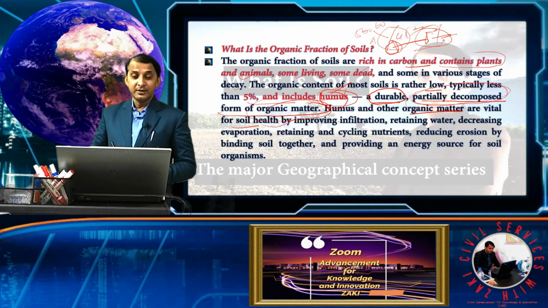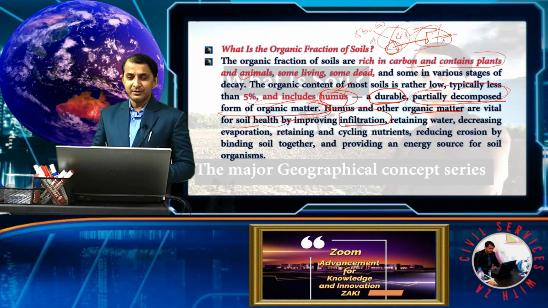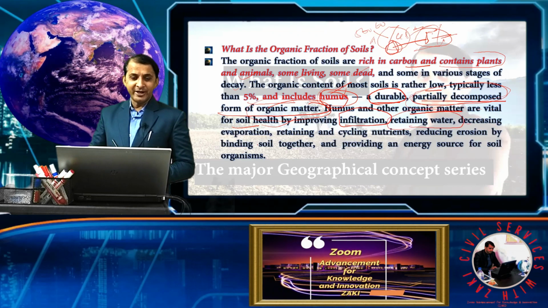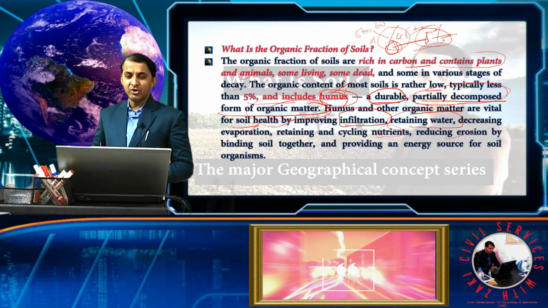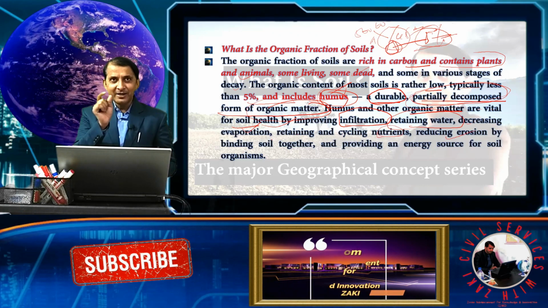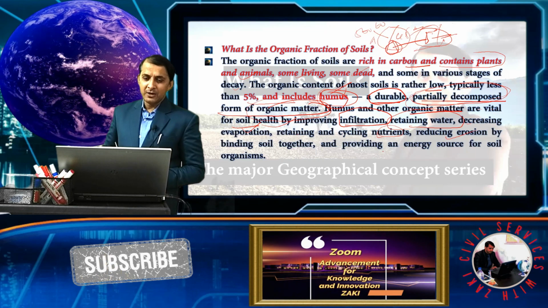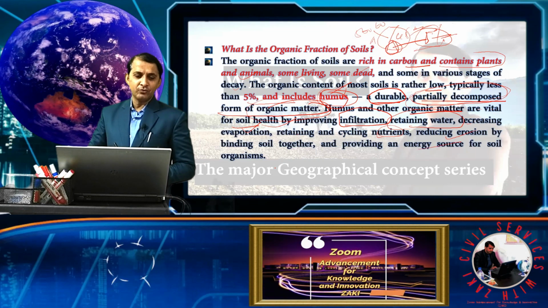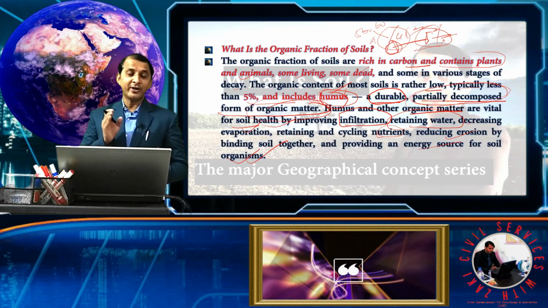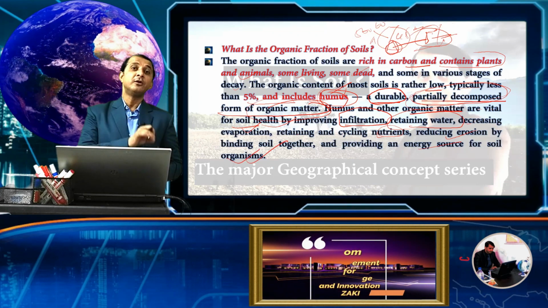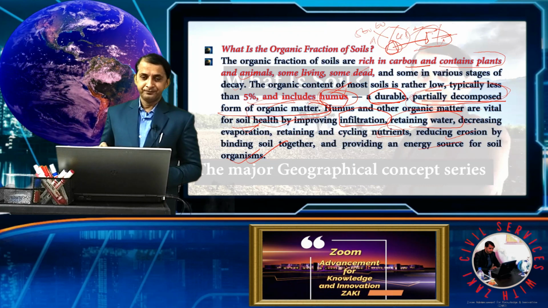Why? Because they improve infiltration, retain water, decrease evaporation, retain and recycle nutrients, reduce erosion by binding soil together, and provide an energy source for organisms. That's why organic fractions are very significant for soils.